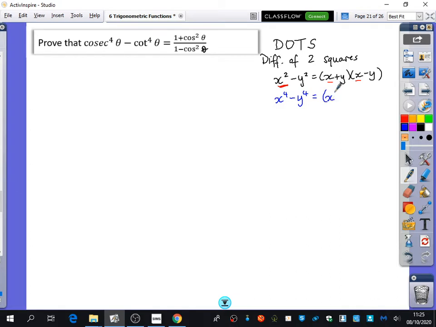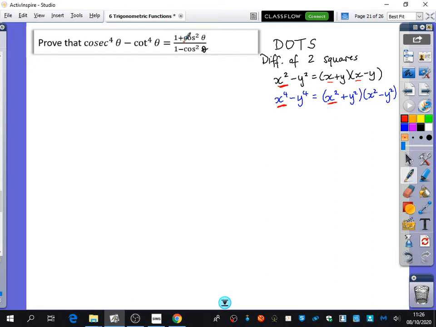X what, sorry? X squared plus y squared, x squared minus y squared. And again, it's the same relationship. This is the square root of this thing. We've just halved the power. So although you can't really see it at first glance, this is actually a form of difference of 2 squares.